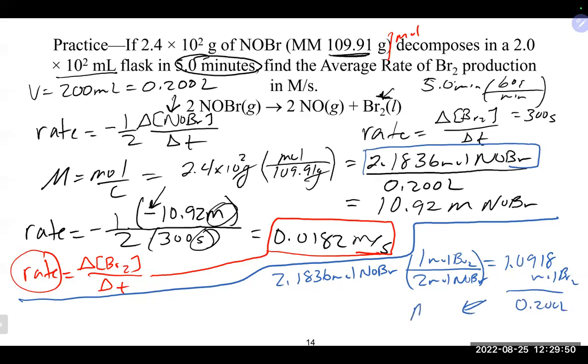That gets you the molarity of the Br2, which you can divide by the 300 seconds, which would get you to the molarity per second and back to here as well.